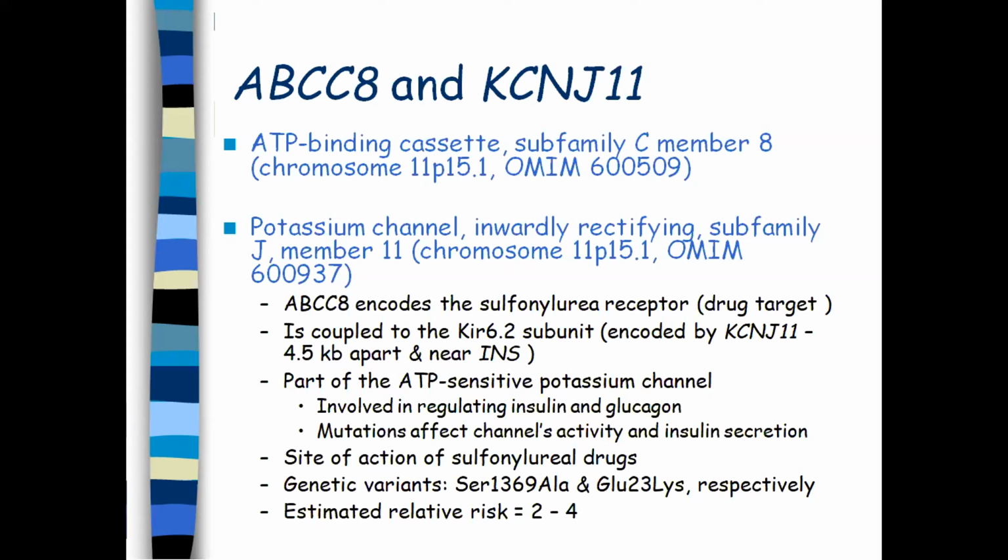Most of the time sulfonylureas are mainly responsible for degranulation of pancreatic beta cells, and due to that degranulation, release of insulin takes place. It is coupled with the Kir6.2 subunit and is part of the ATP sensitive potassium channel, mainly involved in regulating insulin and glucagon release. So mutations affect channel activity and insulin secretion.